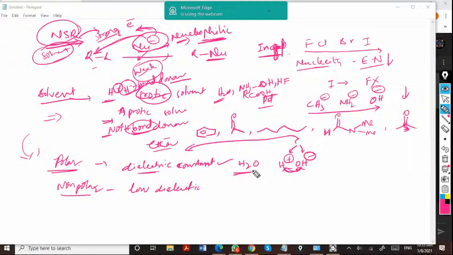For example, H2O has a dielectric constant of 78, formic acid is 60, DMF is 37, DMSO is 47, and ethyl alcohol is 35.